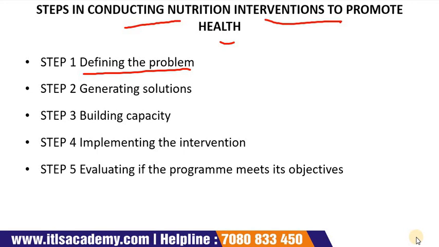Now comes the second step, which is generating solutions. In generating solutions, we have to aim for intersectoral working with a range of stakeholders, and use tacit knowledge, meaning know-how from practitioners, to inform interventions.